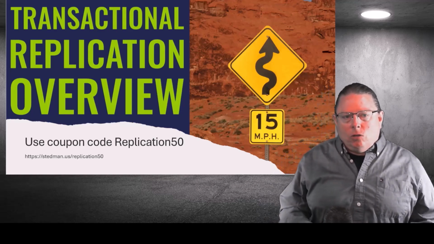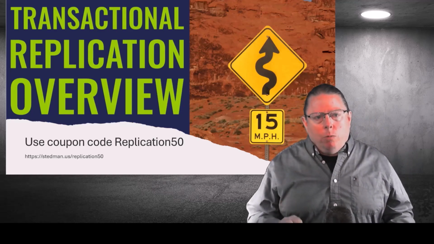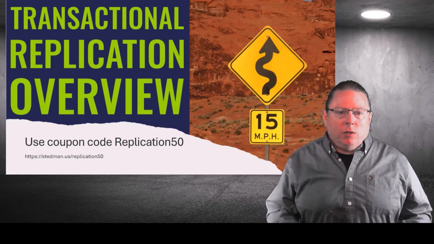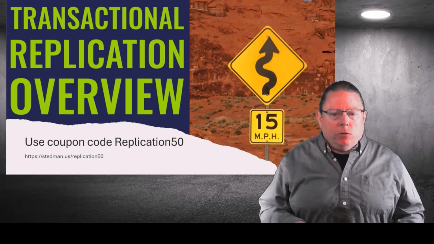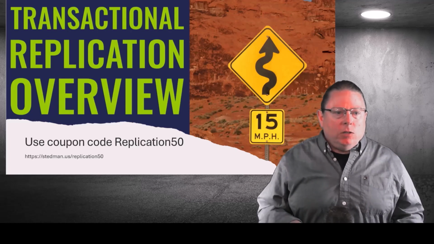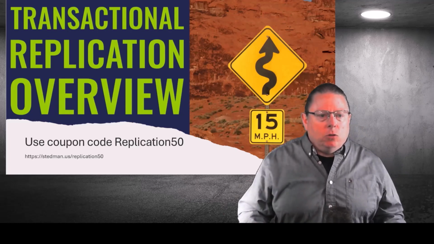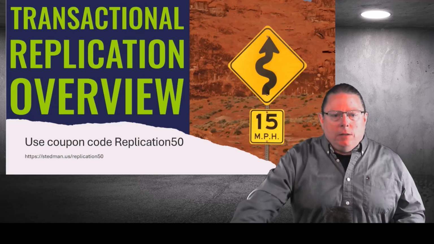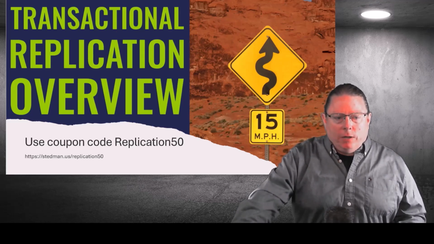But the difference is when snapshot replication is being reinitialized, there's a small window where the data is unavailable because it's being replaced, whereas with transactional replication, that's usually only a small window in the beginning of starting to synchronize that data, and once that data is being synchronized, it's just putting it in row by row into the subscribers at that point. It's a great way to go from a central location out to many different locations, with no data coming back to that central location.